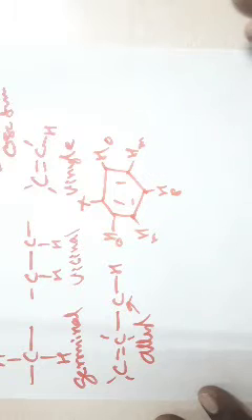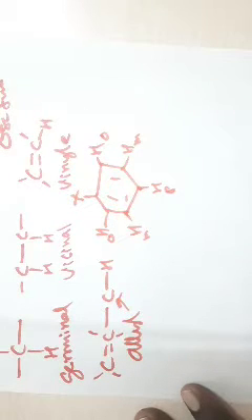If it is monosubstituted or disubstituted, then we have different positions: ortho disubstitution, meta disubstitution or para disubstitution. Para disubstitution means the situation is more symmetrical. Ortho disubstitution also leads to a more symmetrical situation.